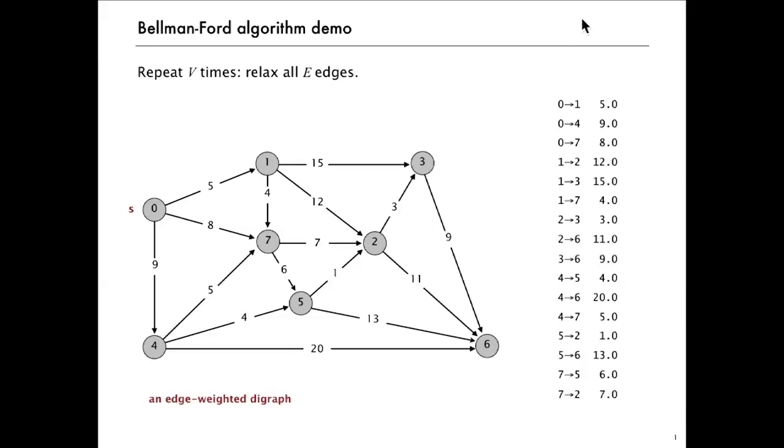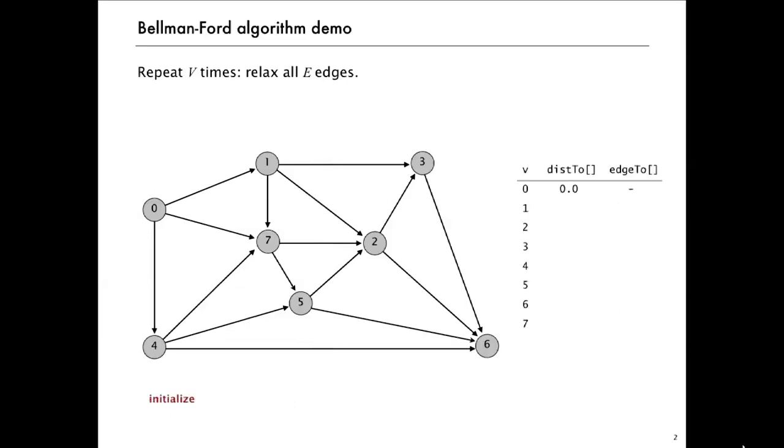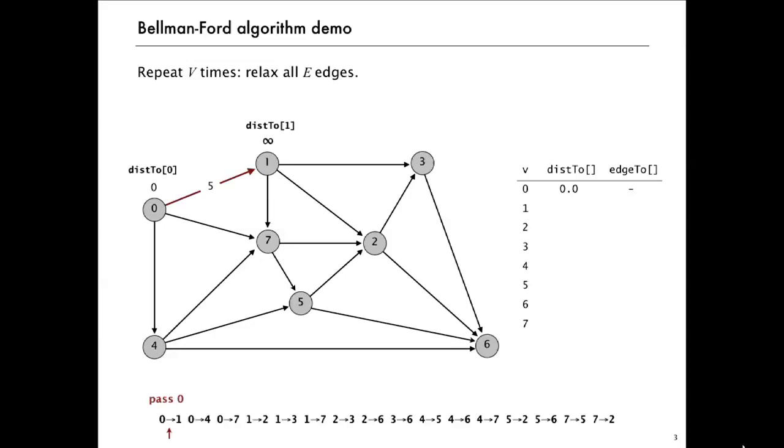So we'll just take the list of edges in the graph, and it could be in any order, and just relax them all. To start out, we set the distance to the source 0 and everybody else's distance infinity as usual. And then here's the list of edges, so we'll relax.